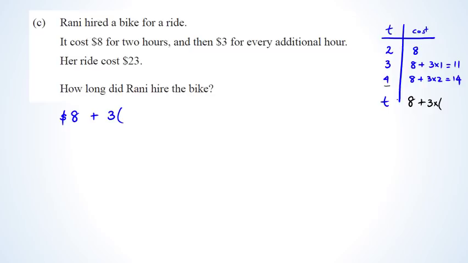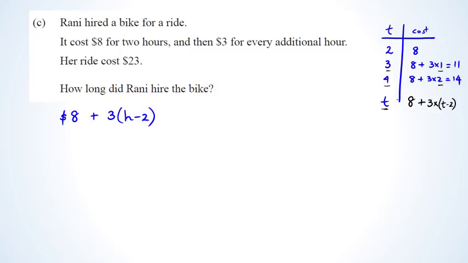If you look at it, it's 4 here and 2 here, it's 3 here and 1 here. So if this is t, this would be t minus 2. It's because we've got to think about the first 2 hours where she doesn't pay by the hour, which means I can write it as $8 plus 3 times, now instead of t, I'm just going to use hour, h minus 2.